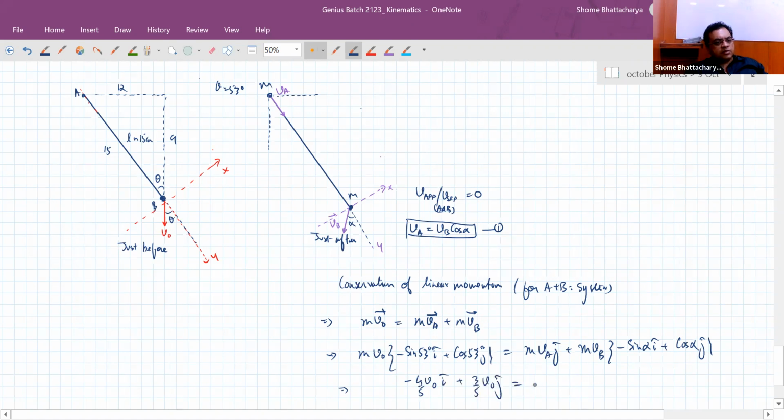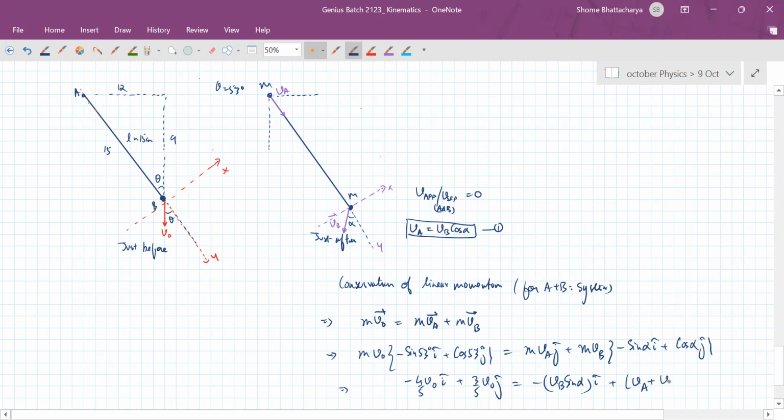On this side will become minus vB sin alpha i cap plus vA plus vB cos alpha j cap.